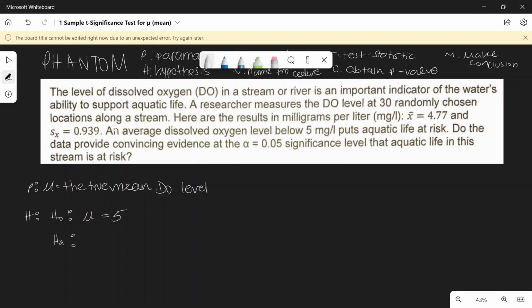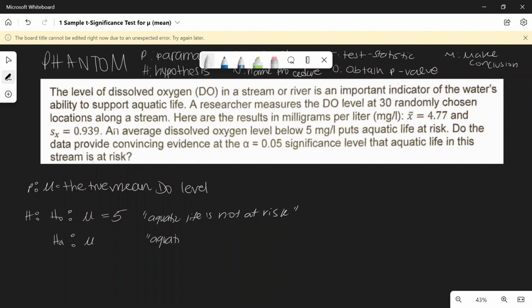Because if it's 5, then our aquatic life is not at risk, because it says an average dissolved oxygen level below 5 milligrams per liter puts aquatic life at risk. So if it's at 5, it's not at risk. But we're trying to find if there's convincing evidence for the alternative hypothesis that aquatic life is at risk.